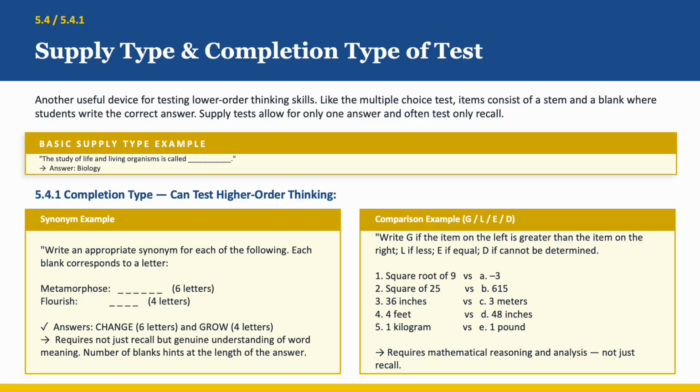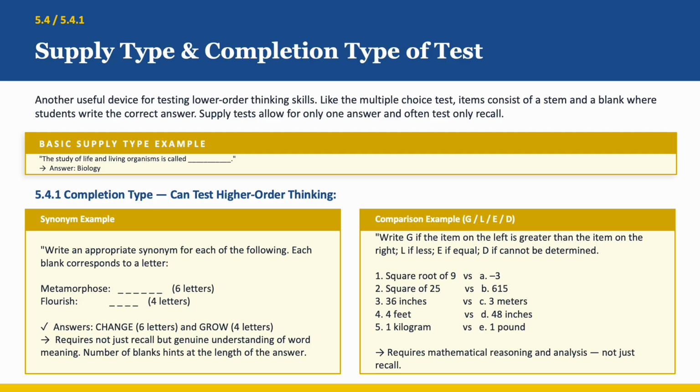The simplest example: the study of life and living organisms is called blank. That is biology. Completion tests are often associated with lower order thinking skills like recall and memory.